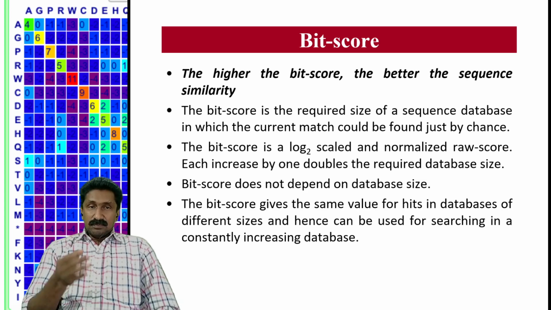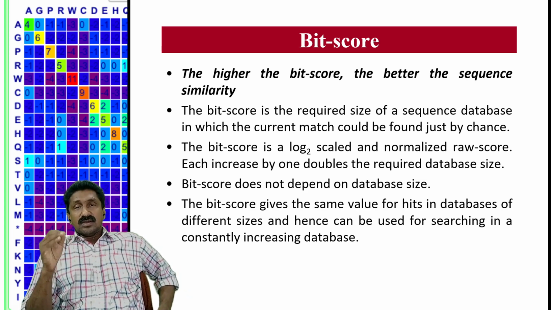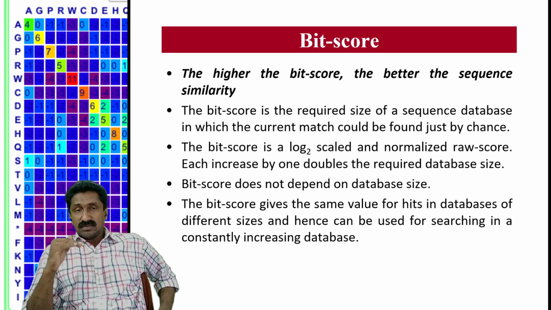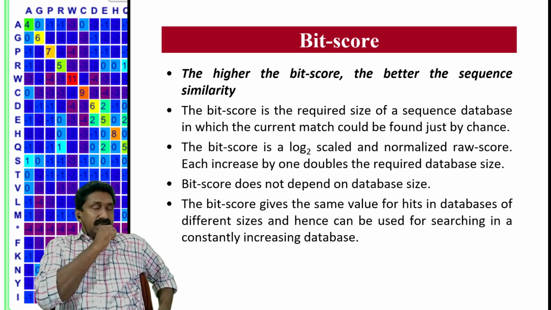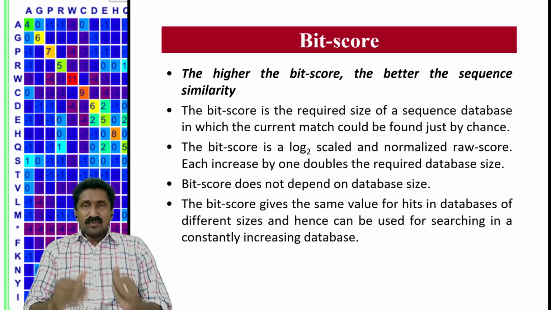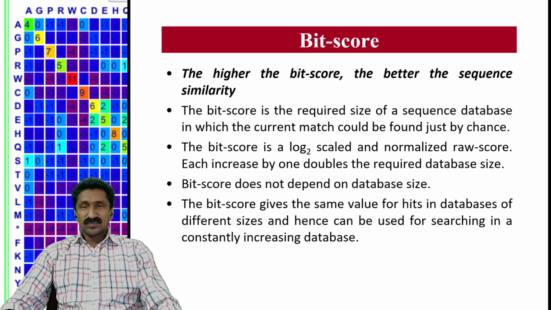The bit score is a log2 scaled and normalized raw score. Each increase by one doubles the required database size. So this bit score does not depend on the database size. That's another point. One of the major problems is that the NCBI database size is continuously increasing.